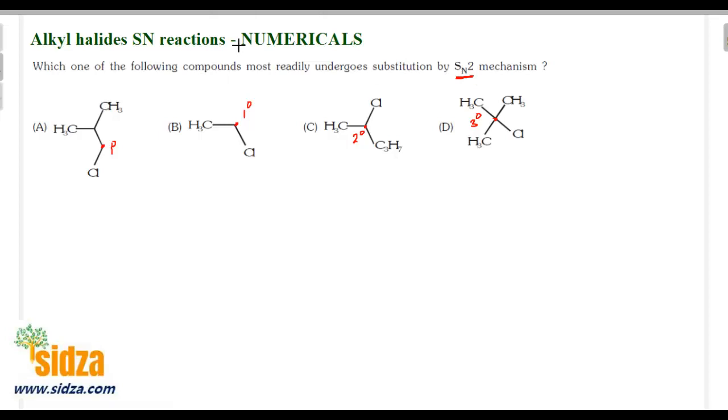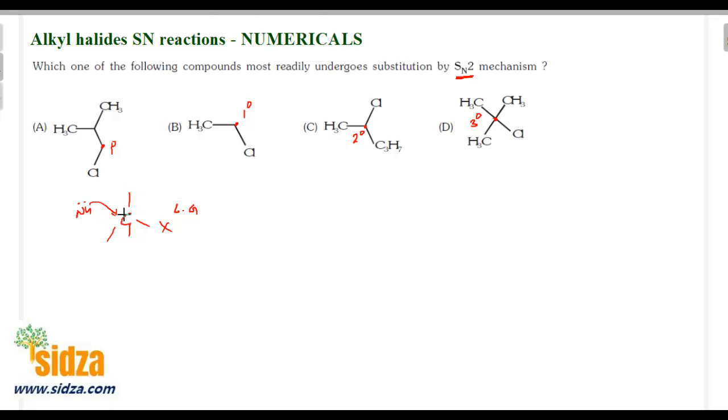What actually happens in the SN2 mechanism? In the SN2 mechanism, if you have a halogen, a nucleophile approaches from the back end of the leaving group, which is here a halogen, and it forms a transition state. But for a nucleophile to approach this particular carbon very closely, we need the groups around this carbon to be smaller in size.